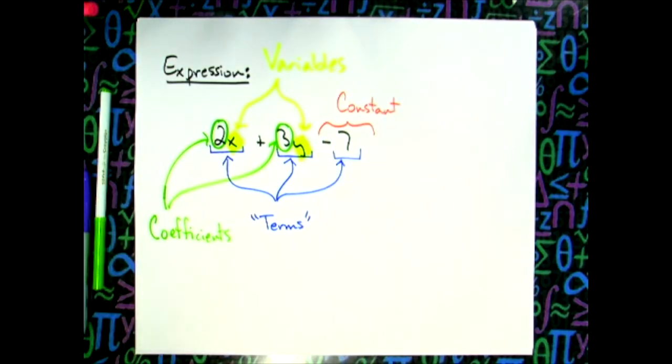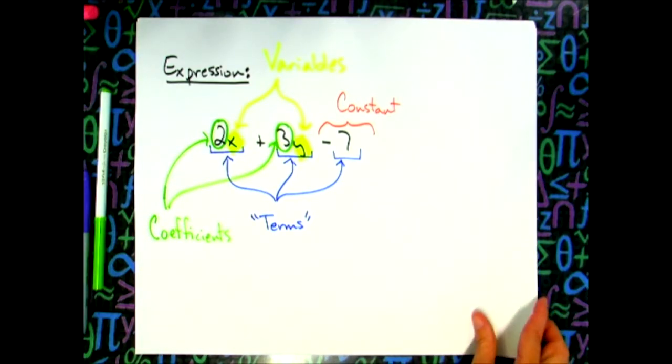All right, so the variables are x and y. All right, so all of those words are words that I'm going to use throughout the entire year. Variables, constants, coefficients, terms. So you need to know what those are to be able to understand what I'm trying to explain to you. All right, but again, I'm hoping that vocab you already are pretty familiar with because you dealt with it in middle school.